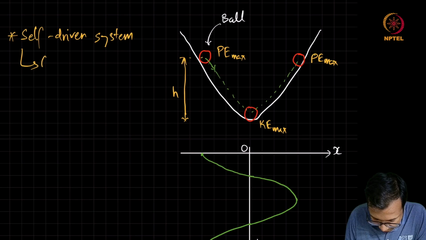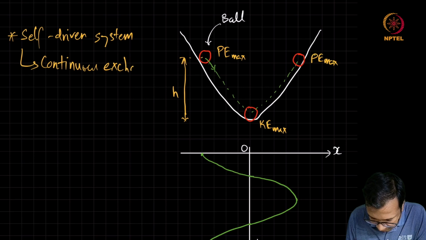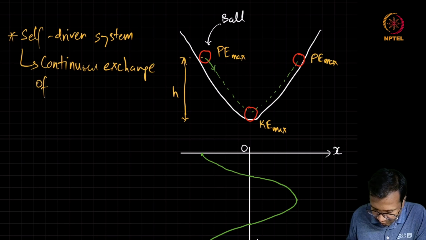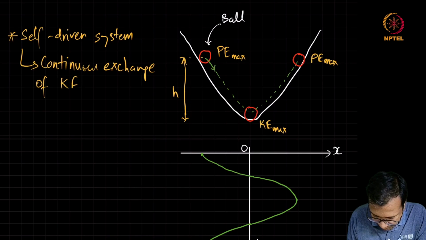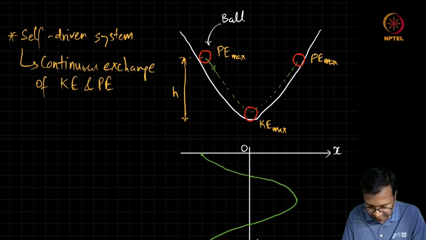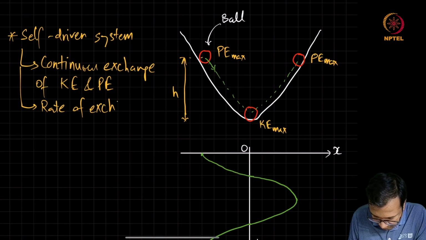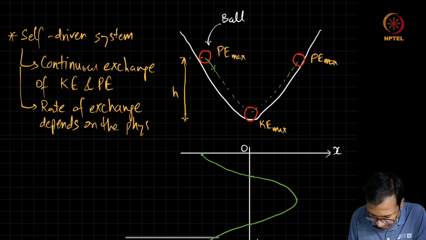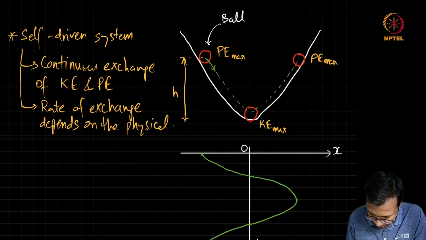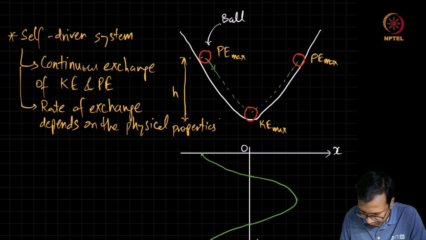There is a continuous exchange of KE and PE, and the rate of exchange depends on the physical properties, here the m and g.